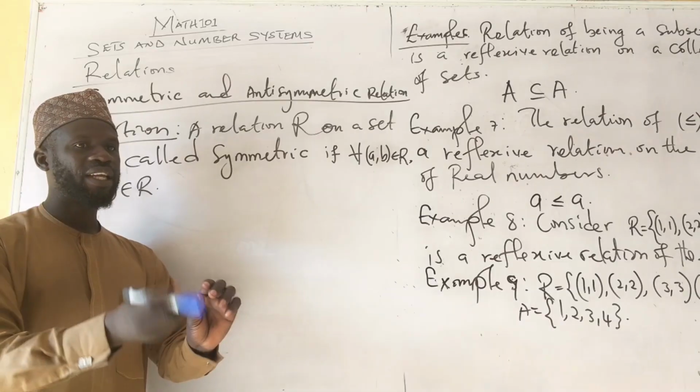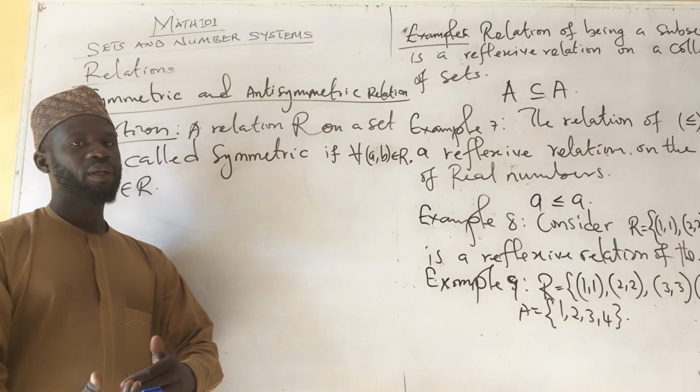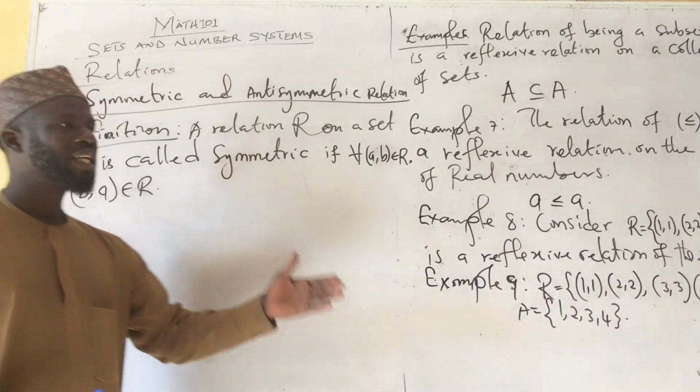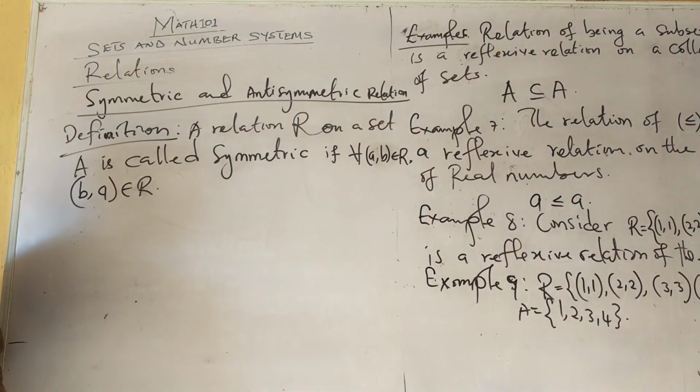If the inverse of the relation is always in the relation, then we call this a symmetric relation.